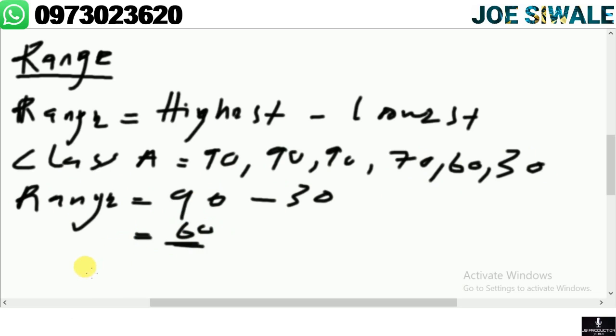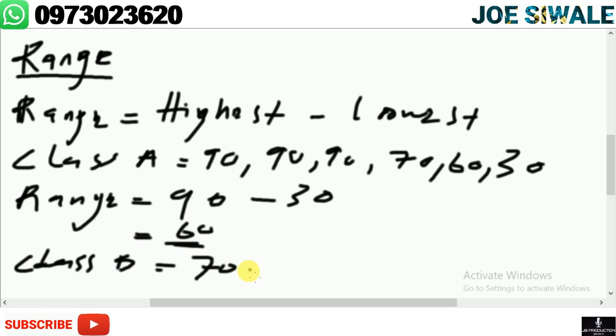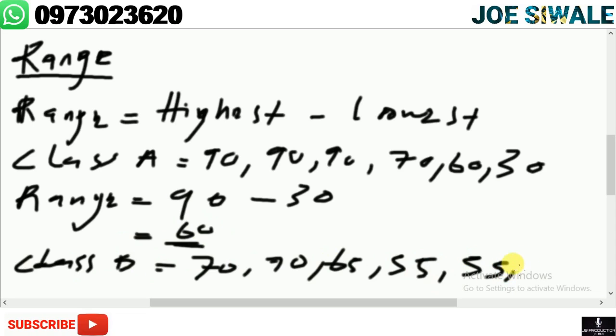Let us look at another example. So for class B, you have these scores: 70, 70, 65, 55, 55, then we also have 35, and you have been told to calculate the range.